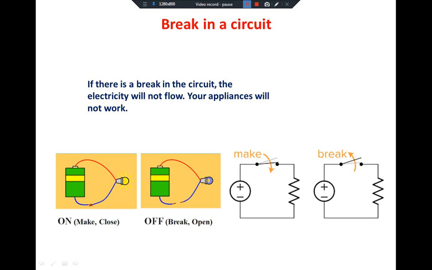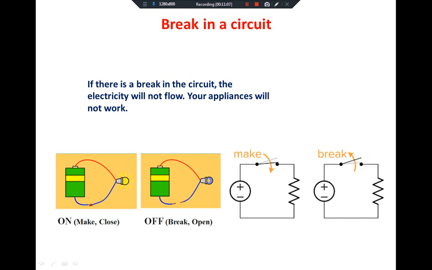You can see that the bulb is working because the wires are connected together and then to the battery. There's no problem. But the one on the right, we have a break in here. Because of what? Because the circuit is open, okay, and it's turned off. The bulb is turned off. There is a break in this, let's say, location. Therefore, the bulb is not going to work, okay?